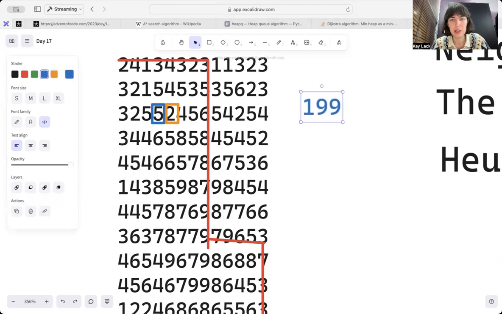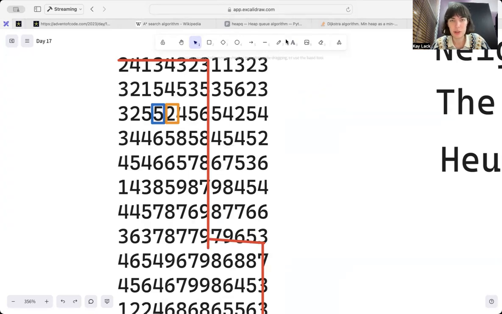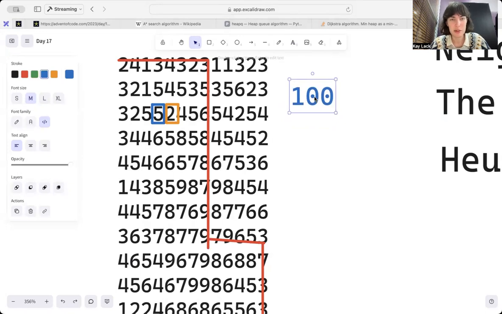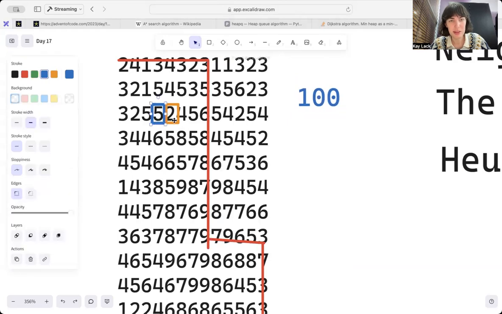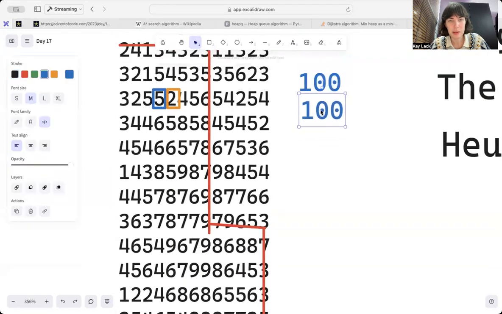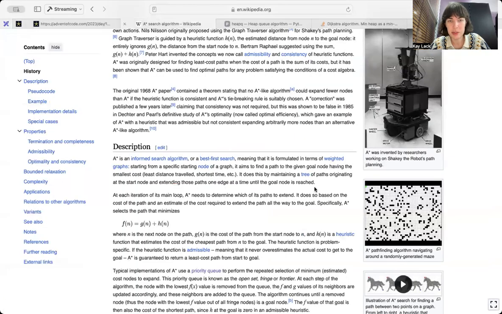Sure, let's make it bigger. Let's make it 100. I really have to find a new diagram tool. Let's make it 100. Now, the heuristic function, I think it is consistent if the estimate of the cost of this cell reaching this cell should be, what is it?